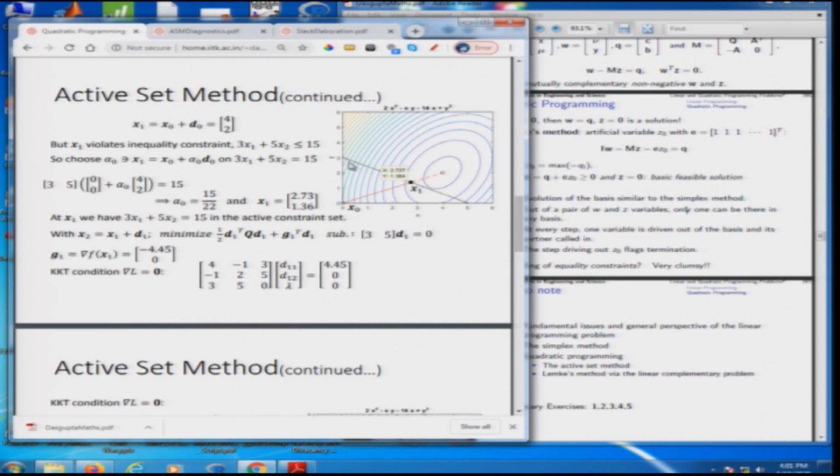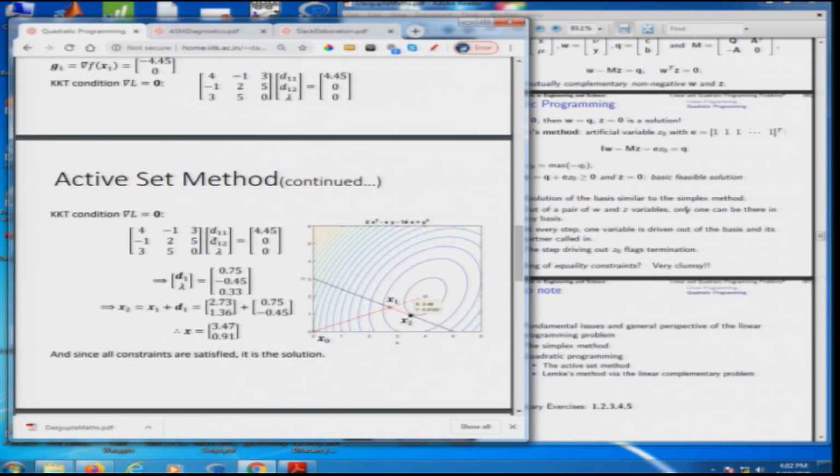That means, now you will stay on this line, that is, you will keep this constraint active in this iteration, and then when you set up the KKT condition equations, you get this and then you solve. So, you get d1 and the corresponding lambda like this. Okay. So, basically from here you go here. Okay.